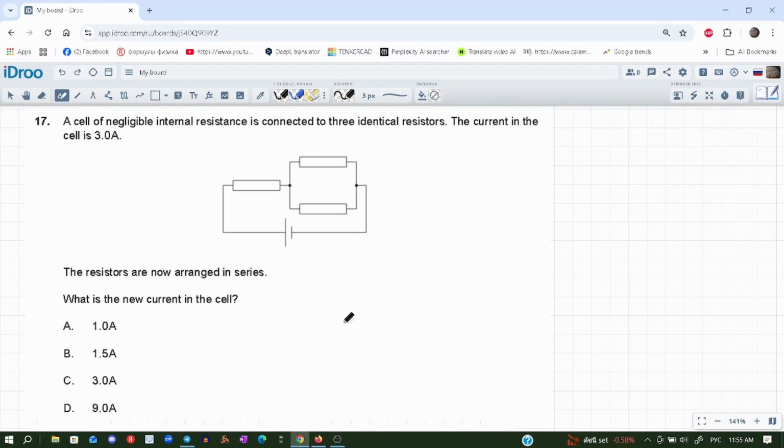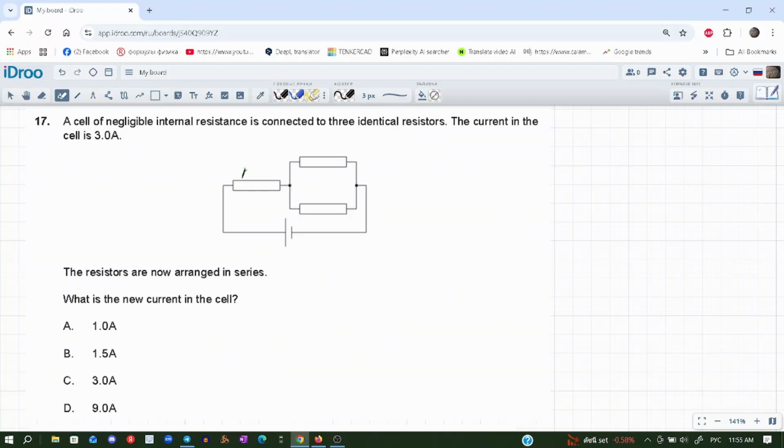Number 17. A cell of negligible internal resistance is connected to 3 identical resistors. The current in the cell is 3 amperes. The resistors are now arranged in series. What is the new current in the cell? So easy problem, super easy.